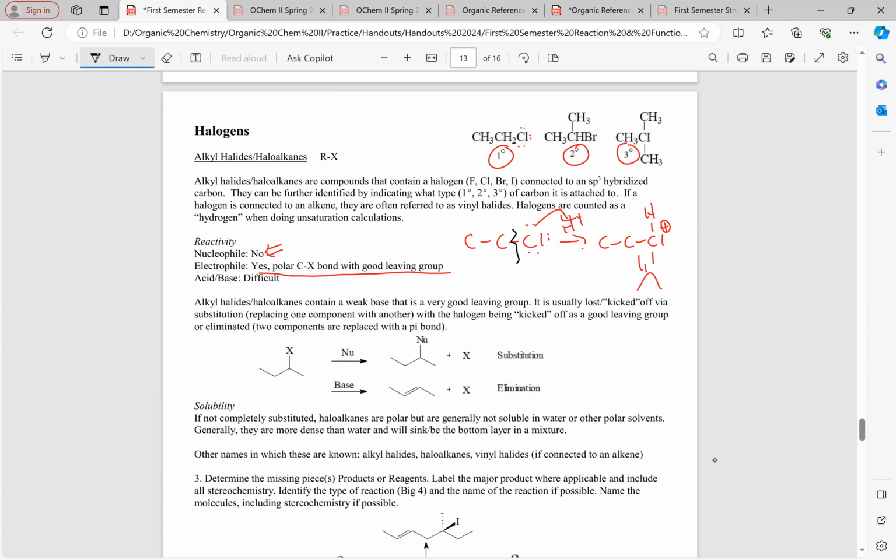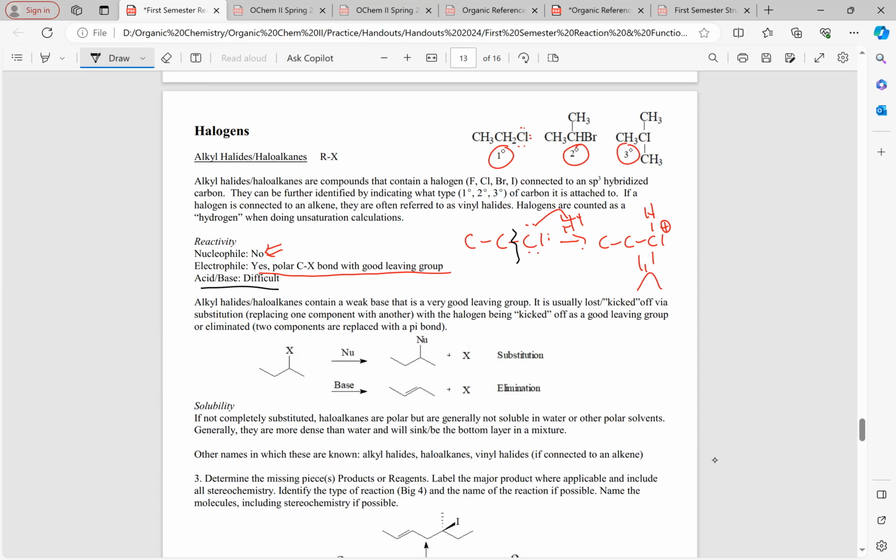It would rather break that bond as a leaving group. All right, well, how about acid and base? The hydrogens here are very, very strong. So hydrogen, they don't like to come off, and that goes back to the acid-base chapter. So we don't have to worry about them really as nucleophiles. We don't really have to worry about them as acid-base chemistry. So the only thing we need and their power is that they are leaving groups.